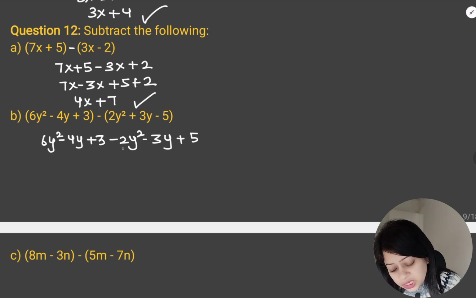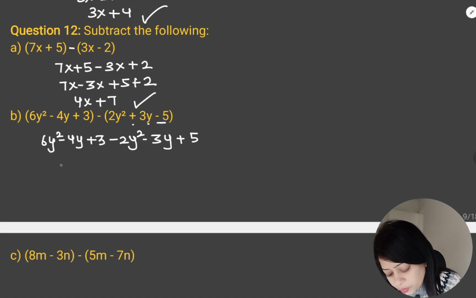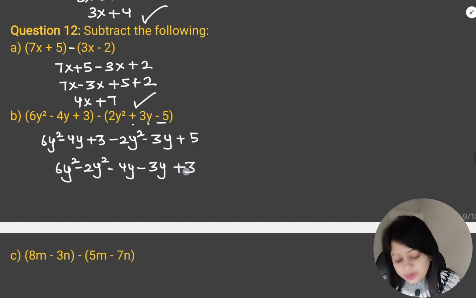This 3y was positive, it became negative. Minus 5 was negative, it became positive, right? Now I will group the terms: 6y square minus 2y square, minus 4y minus 3y, plus 3 plus 5, right?